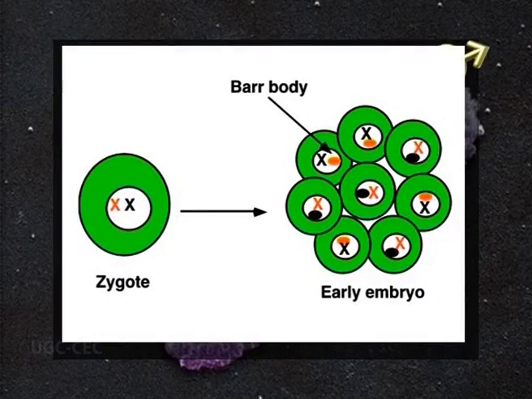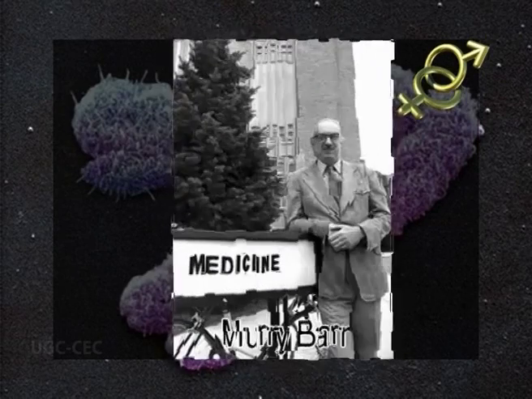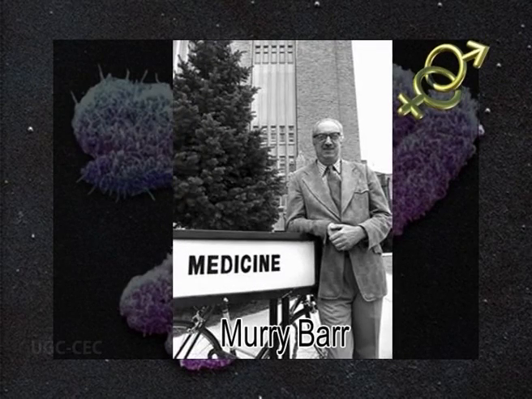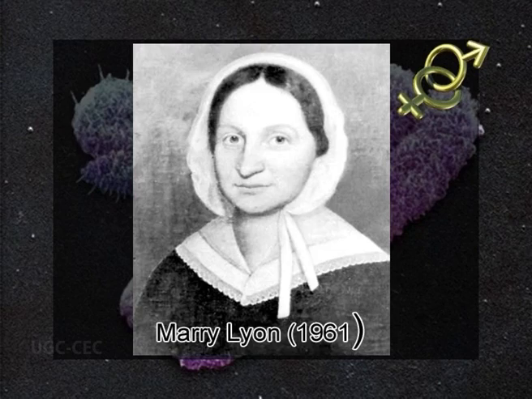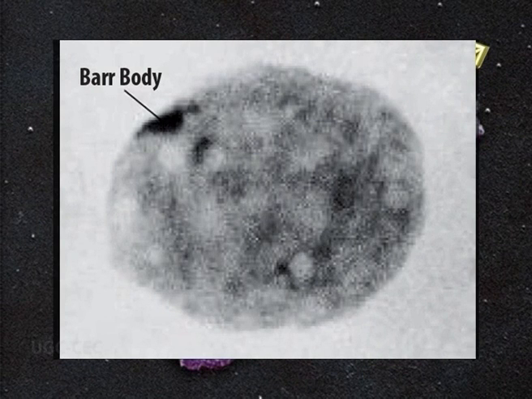This body is actually the condensed X chromosome and it is called a Barr body, after its discoverer Murray Barr. In 1961, Mary Lyon proposed that the condensation of the X chromosome into a Barr body was a mechanism for inactivating the genes on the chromosome.